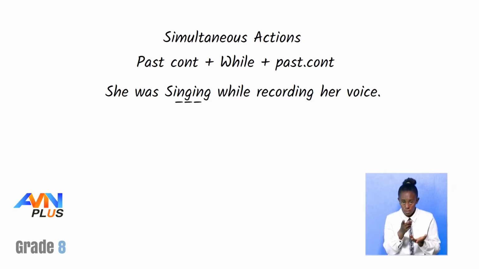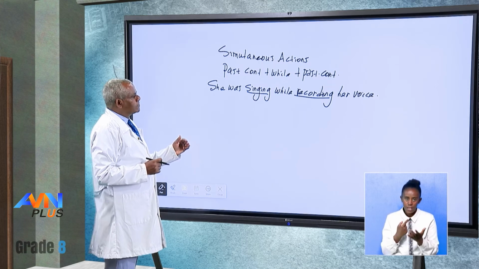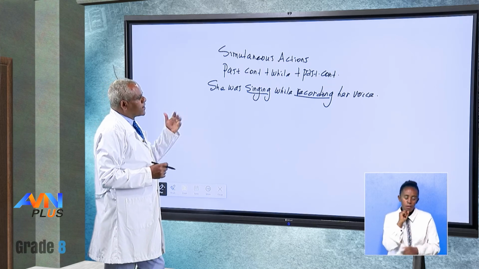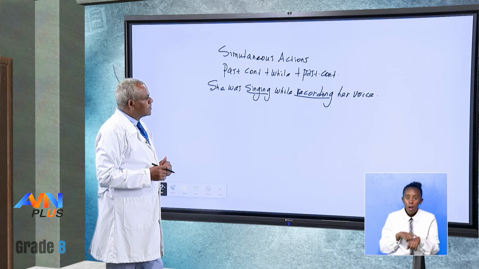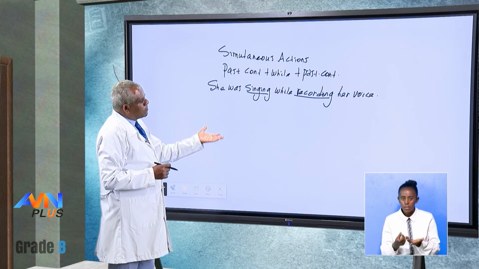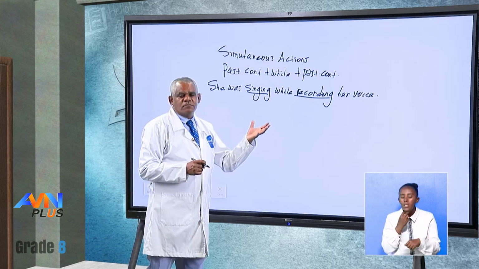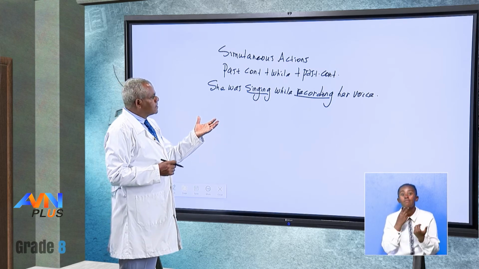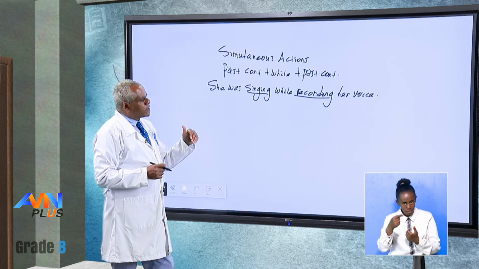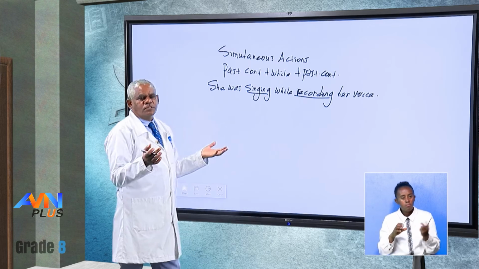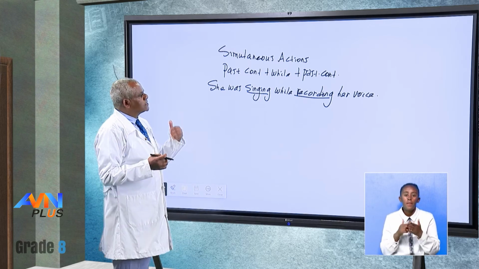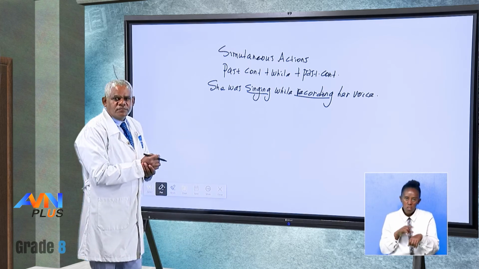Recording. Who is doing that? This person. Sarah was singing while recording her voice. Tofik was singing while recording his voice. They were singing while recording their voice. Possible. This is what we call a simultaneous action.